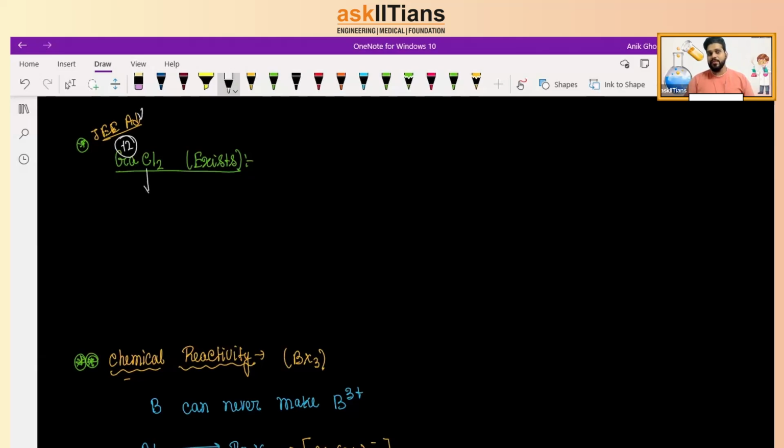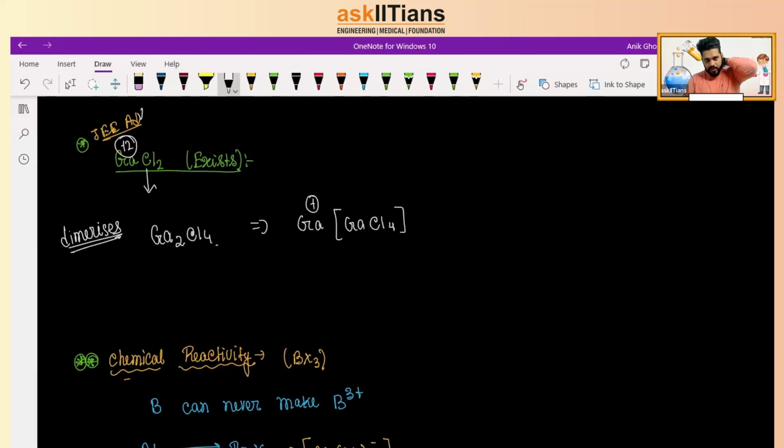So as a result, what happens is gallium dimerizes. Ga2Cl4. Now I'm going to tell you the real story. This Ga2Cl4 structure is Ga+ GaCl4-.